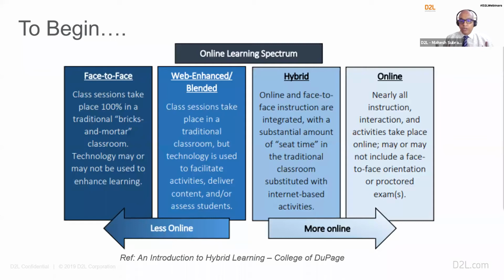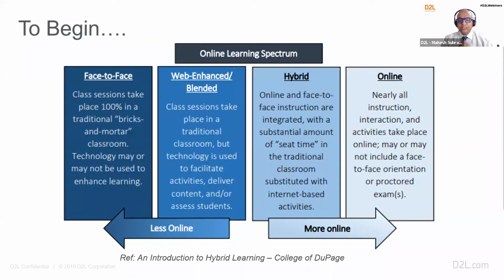Now, the entire concept of hybrid learning comes from the fact that we are now able to go online. Technology enables us to go online with content. Institutions, K-12, higher education, even corporates, when they do learning, typically everything was classroom based, 100% in a traditional brick and mortar classroom.